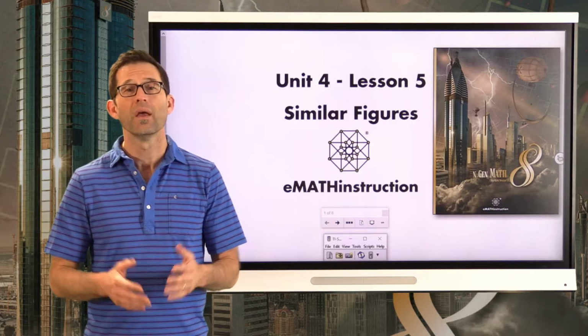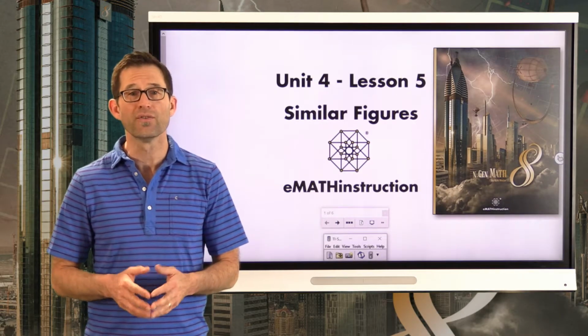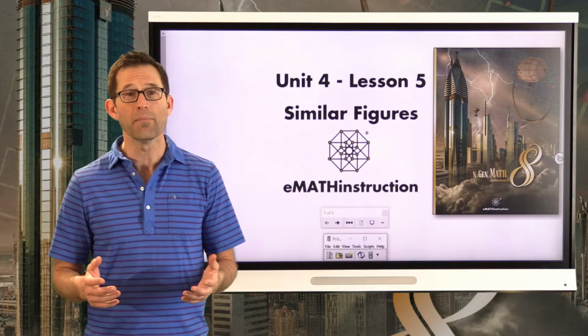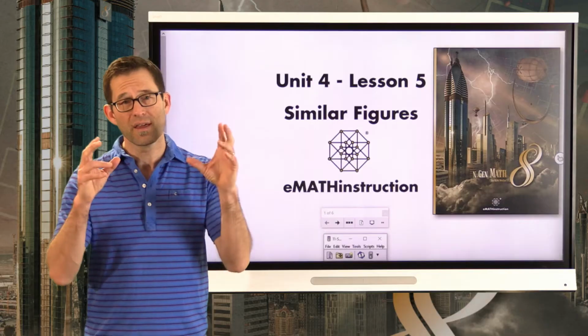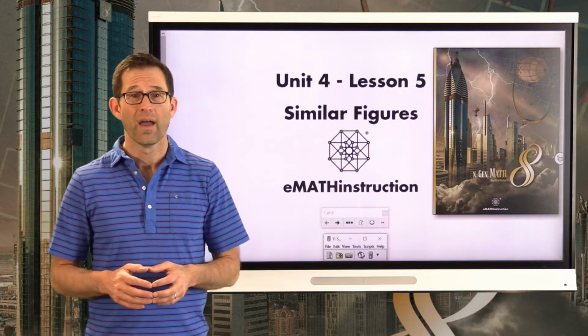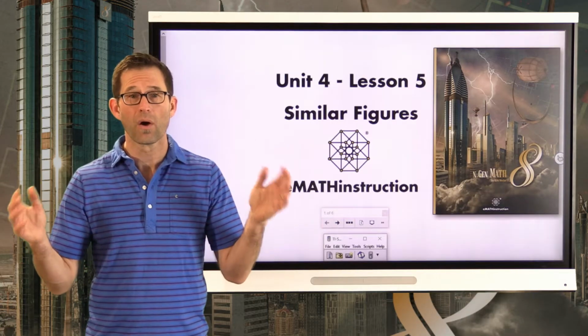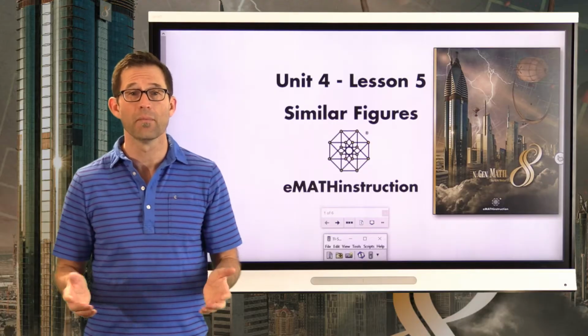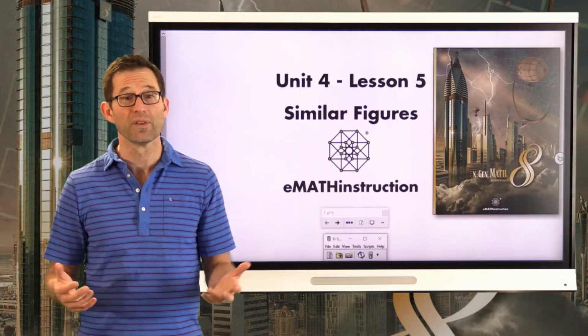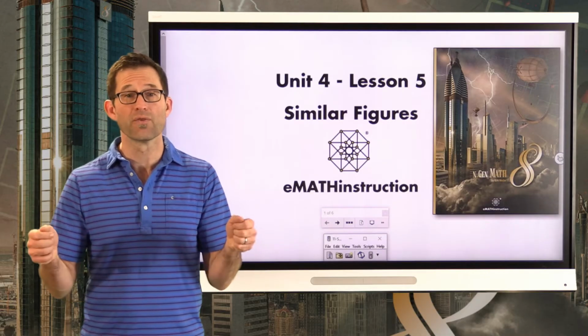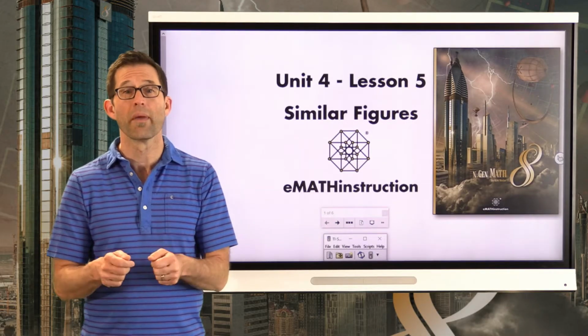Similar figures are two figures that are the same shape, but not the same size. If you take a picture with your phone camera and expand it to make it larger, you might say it's the same image, but it really isn't. But it looks the same, relatively speaking, because all you've done is either made it larger or made it smaller.